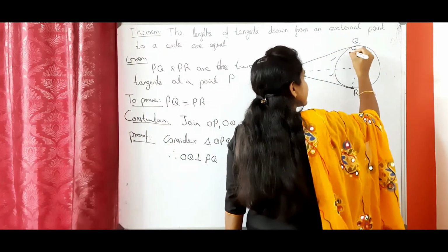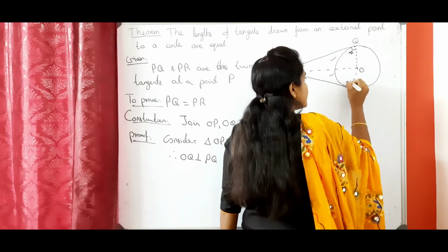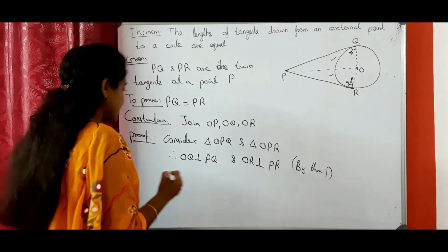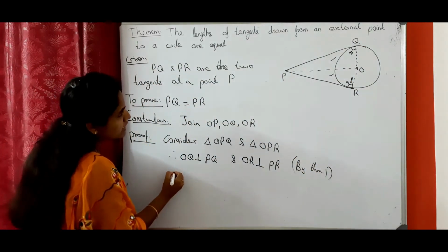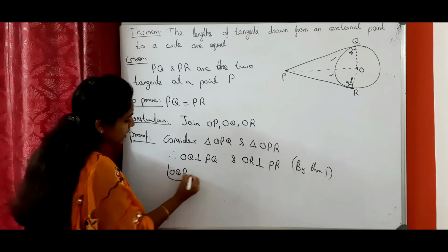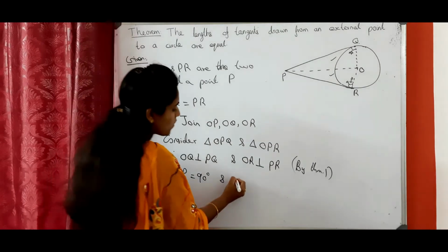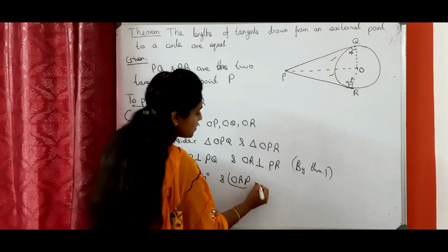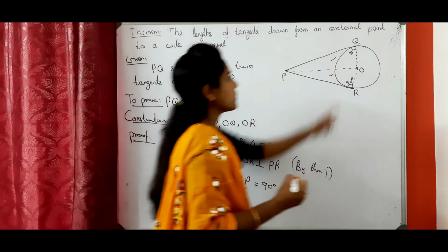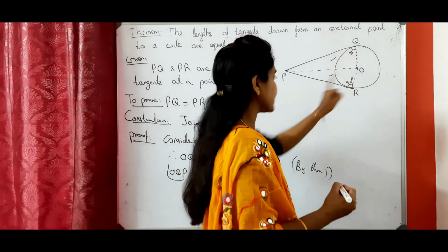Here the angle is 90 degrees and this angle is also 90 degrees, right? So we can write angle OQP equals 90 degrees and angle ORP also 90 degrees. Why? Because these two are perpendicular, so the angle is 90 degrees.